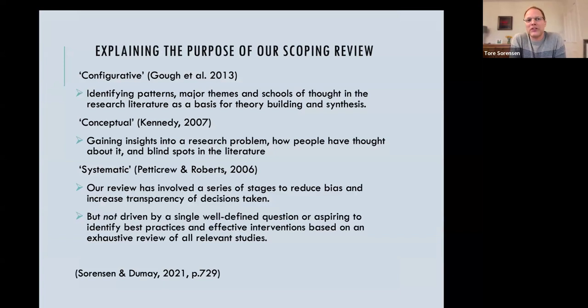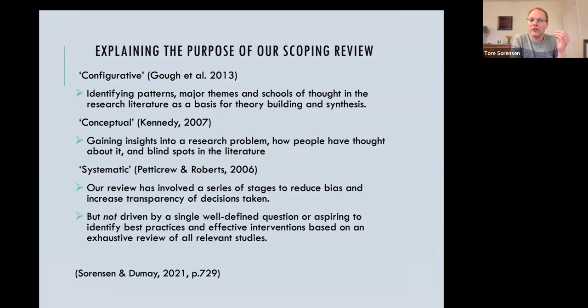Here are some useful terms that are also included in our article. The purpose of our scoping review was, again, identifying patterns. In this way, a so-called configurative review. It was also conceptual because we were especially interested in the use of theory.